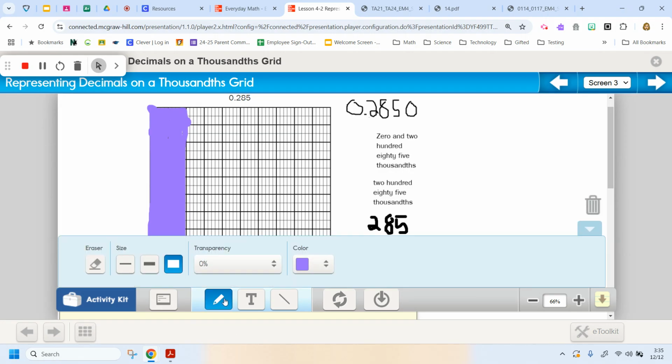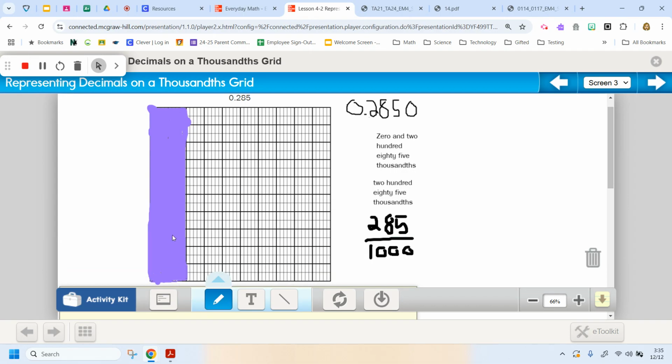Now I'm going to pick your next color and I'm going to shade in my hundredths. So how many hundredths do I have shaded in? Well, I have 8 hundredths. So each little square here is a hundredth. So I need 8 of them. I know there are 10 in a column.